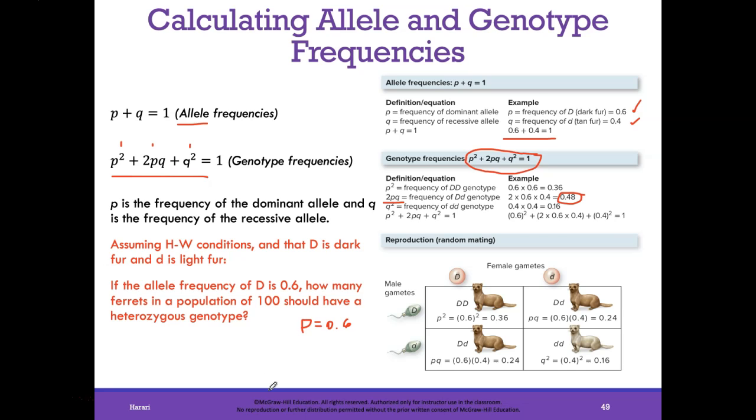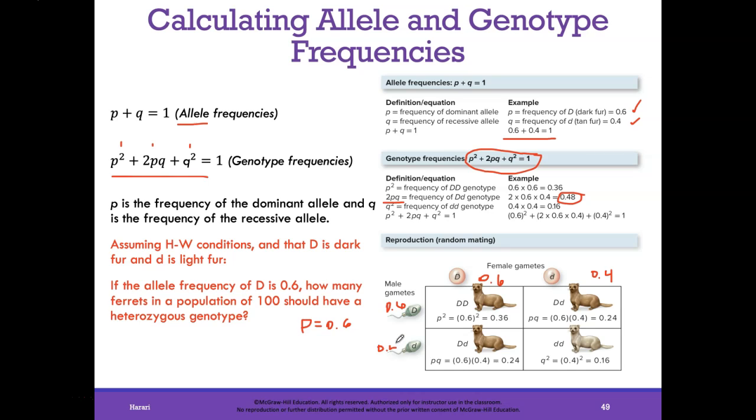And this could be explained by a Punnett square. Suppose we have, in reproduction, two heterozygotes, and we said the frequency of big D is 0.6 and the frequency of little d is 0.4.